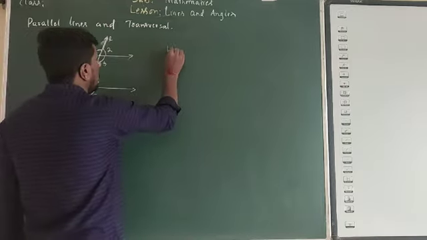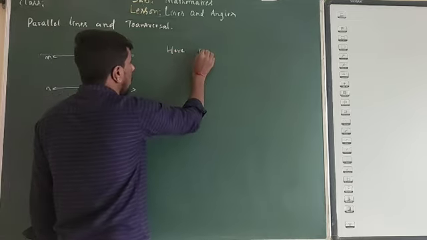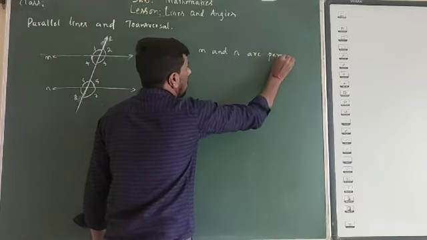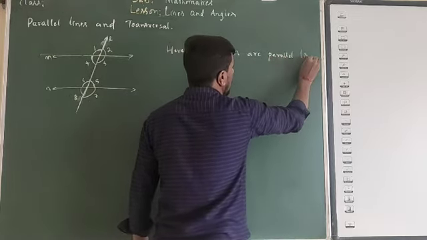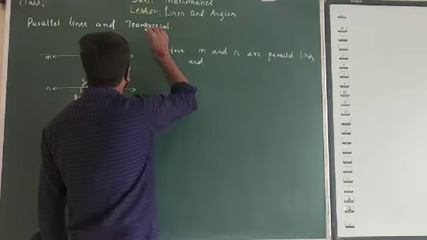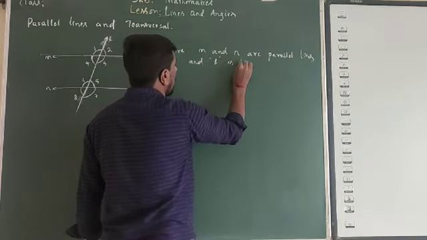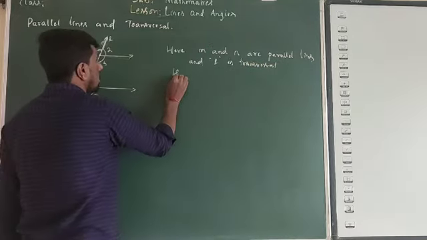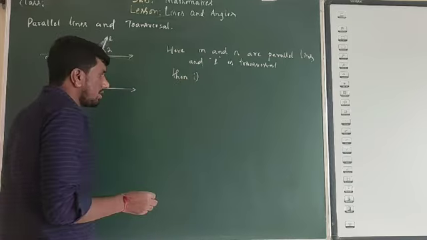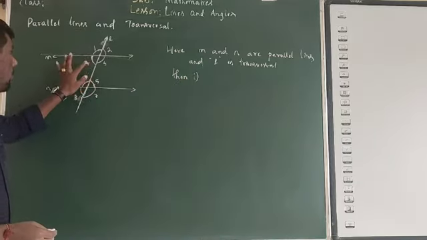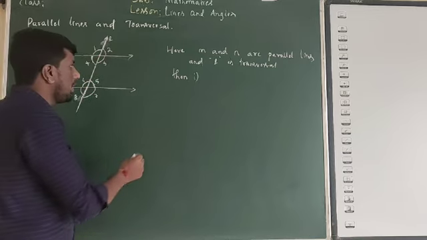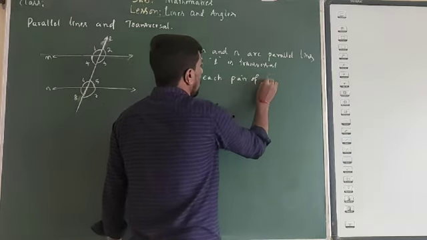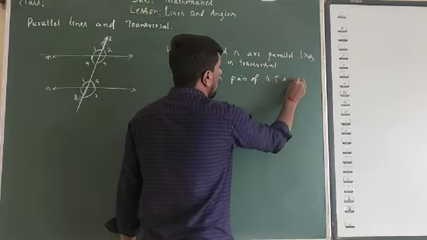Alright, I'll send the notes for this. Here M and N are parallel lines and L is the transversal. Then the first result is that each pair of alternate interior angles is equal.